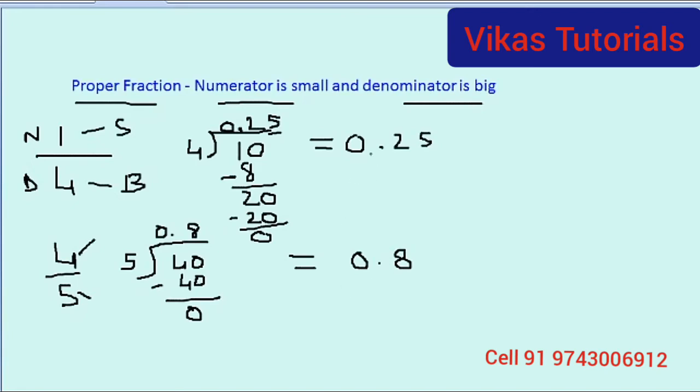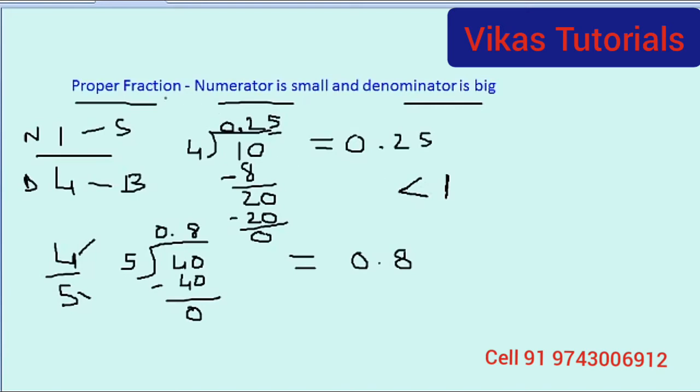In both the examples, what did you see? The answers we are getting are 0.25 and 0.8. So in a proper fraction, what will happen? When you convert it into decimals, the quotient, or the answer, is less than 1.